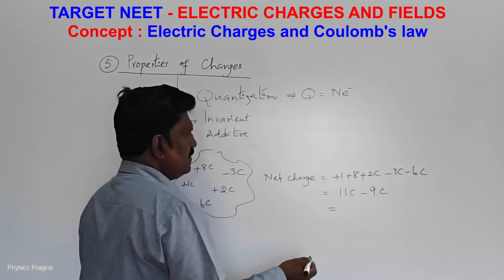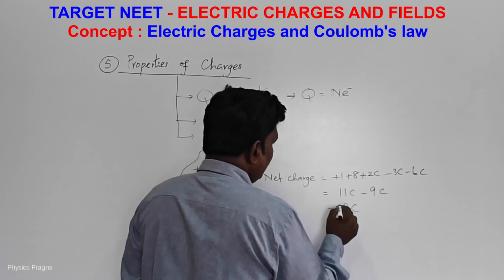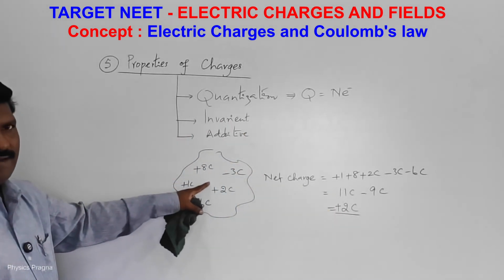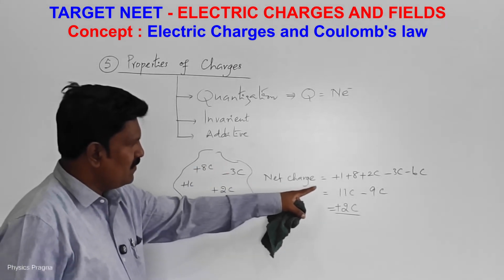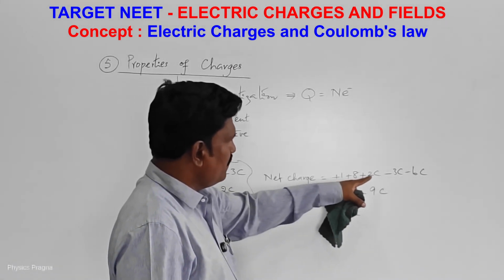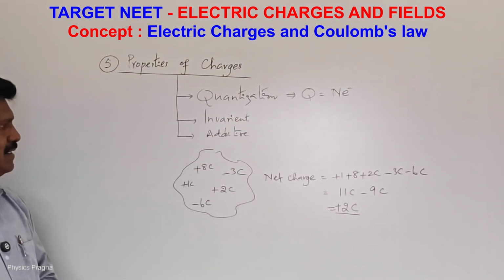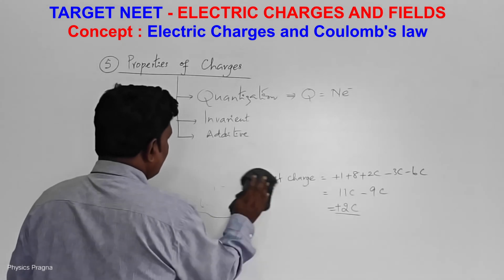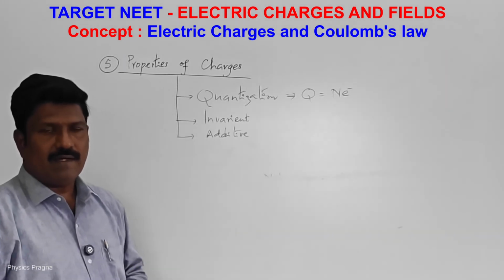So the remaining charge is plus 2 coulomb in this region. If plus is there, we write plus; if minus is there, we write minus. This is called the additive property of charge.